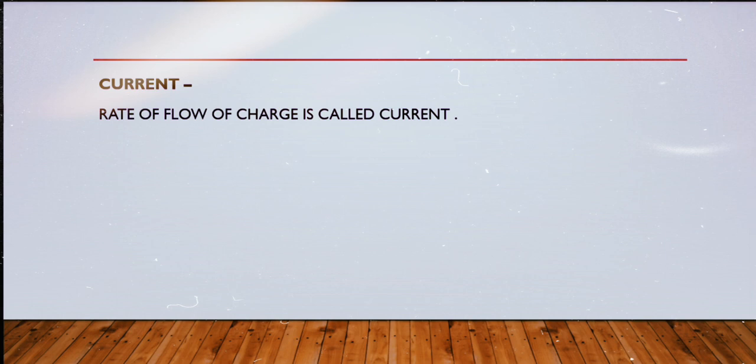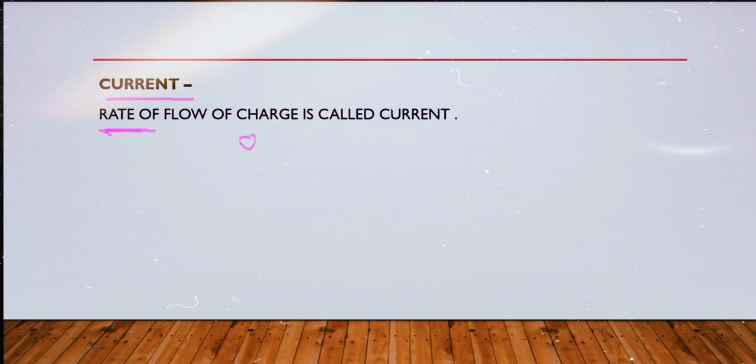Now, the second term here is current. The definition of current is: the rate of flow of charge is called current. Students, whenever we define anything and we write rate, it means divided by time.